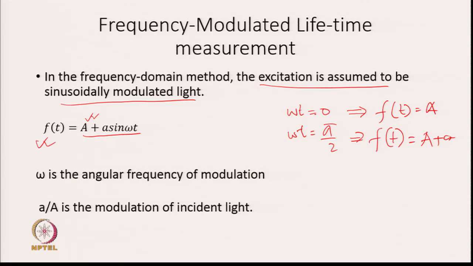So, when ωt is 0, f(t) is equal to A. When ωt is equal to π/2, sin ωt becomes 1 and a into sin ωt becomes a. Here ω is the angular frequency of modulation, and this ratio, small a by capital A, is basically known as the modulation of incident light.